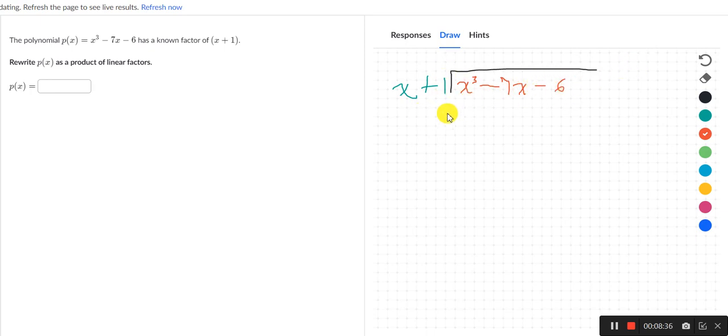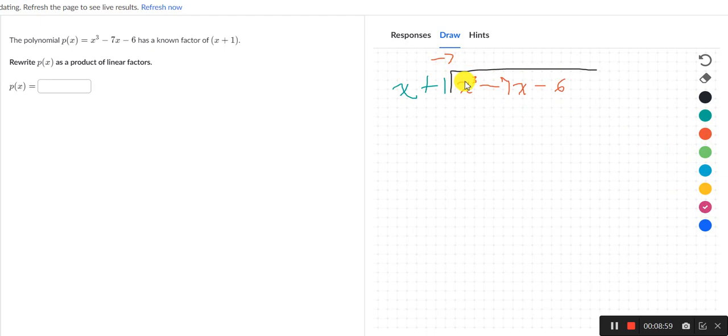Here you know that this is the number being divided, or the dividend. This is the number dividing, or the divisor. And here you have the result, or quotient. Okay, so let's start with our problem.